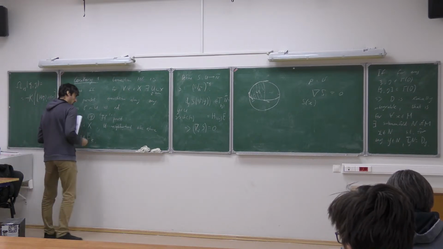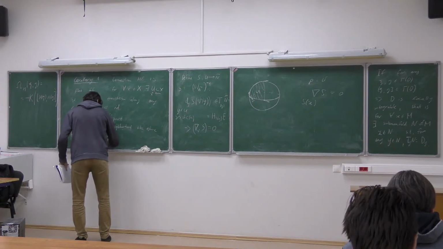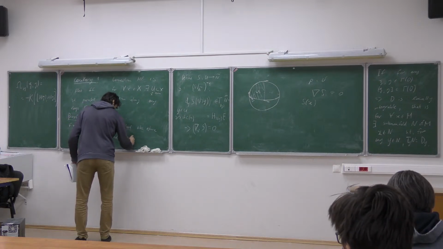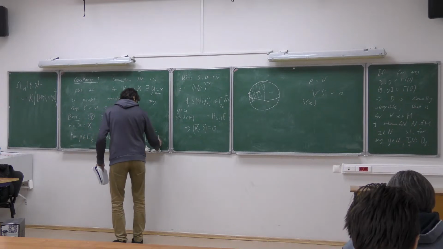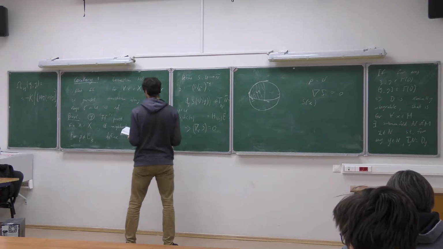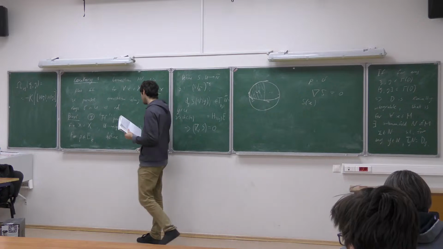So how do I do this? I define S that lives in Gamma of E of U by, well, we can take U to be connected, of course.